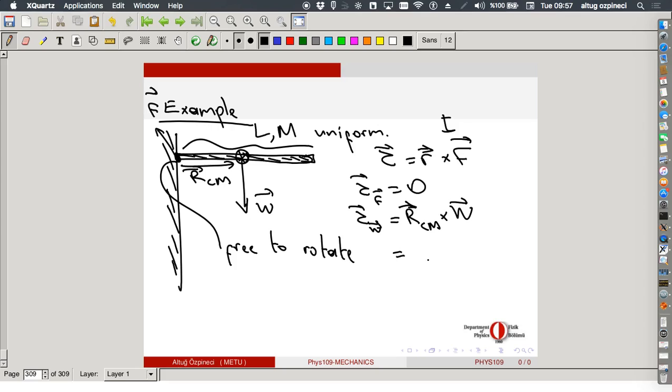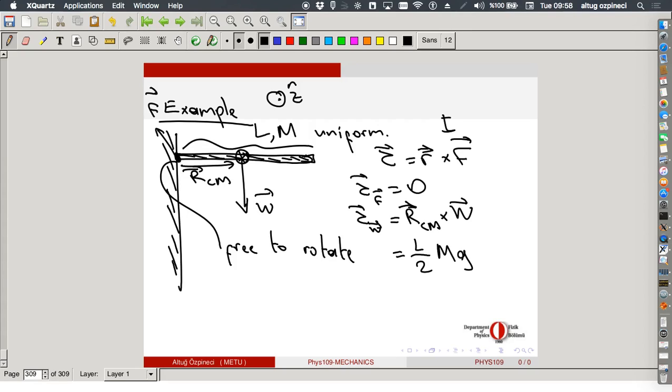This is equal to, well, the magnitude at least is the product of the magnitudes: L over 2, weight is m times g, times sine of the angle between the two. Sine of 90 is just 1. So what is the direction? Let's say Z is out of the screen. Minus Z, so let's see.